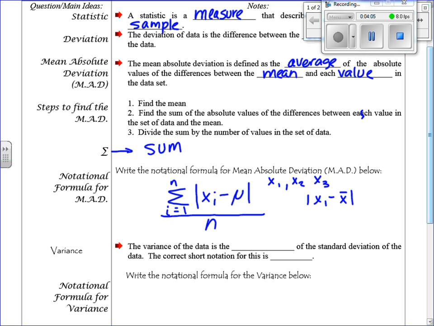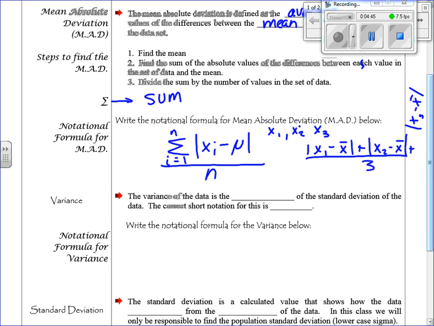The mean of the data values, the absolute value of x sub 1 minus the mean, plus x sub 2 minus the mean, plus x sub 3 minus the mean. All divided by the number of values that there are, and there's 1, 2, 3 values, so this would be over 3. All right, we'll get into it a little bit more coming up.